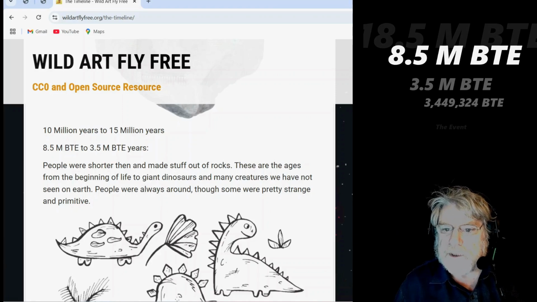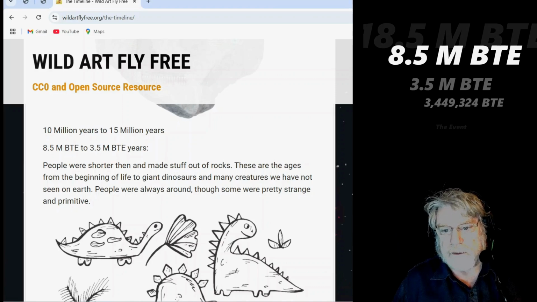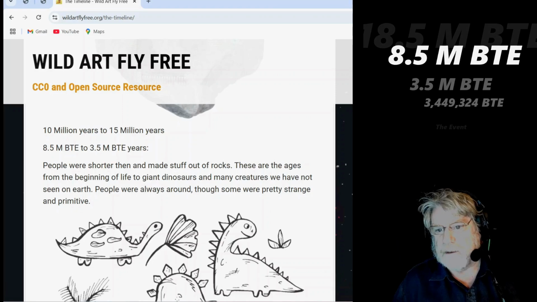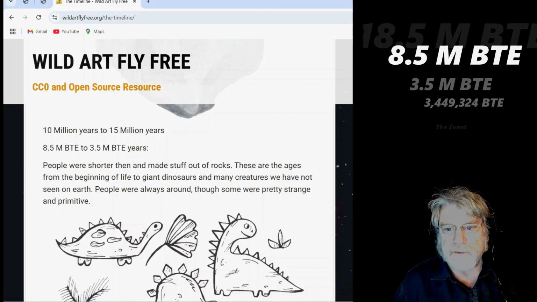The first one was 0 to 10 million years, which is 18.5 million BTE to 8.5 million BTE. So the BTE numbers will be counting down while the million years numbers will be counting up. So 10 million years to 15 million years since the start of the planet. 8.5 million BTE to 3.5 million BTE.